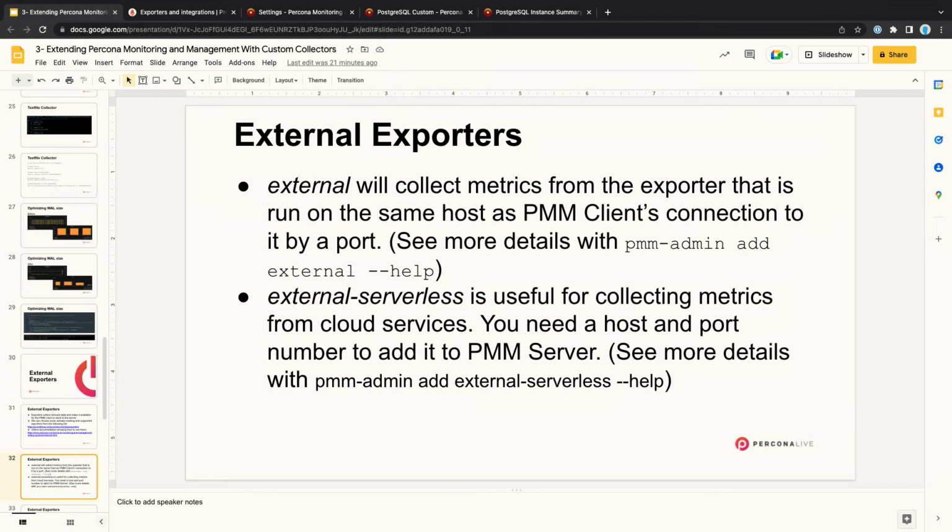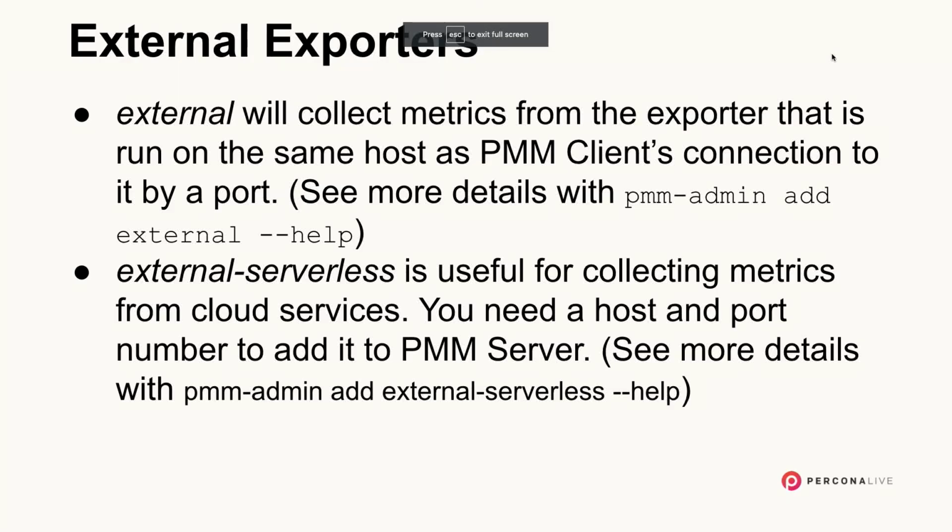There are two kinds of external exporters. The serverless is the one that we would use for remote instances, where the PMM client is consuming metrics from an exporter that is running in another node or in the cloud maybe, and then the external will be local to the PMM client, right?